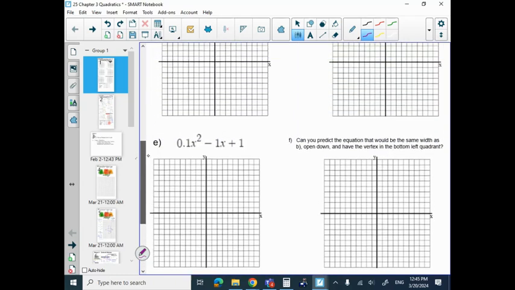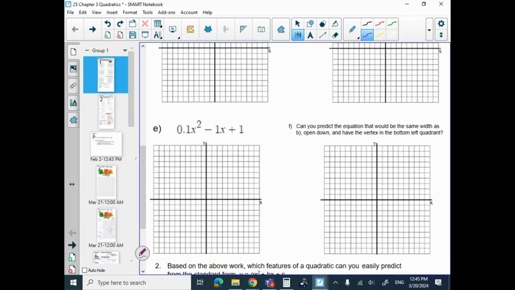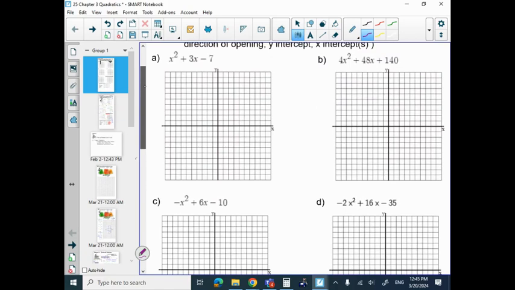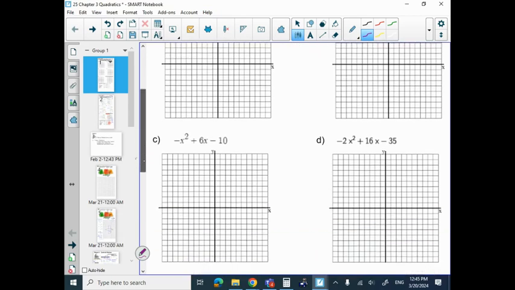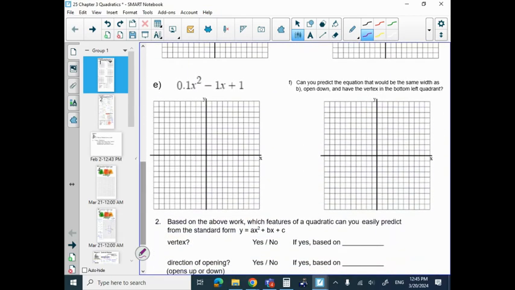Like in this example here, can you predict some things about the equation so that it'll be the same shape as this one? So same shape as in B, right? The same shape as in B, so same width, same shape, but open down instead and have a vertex in the bottom left quadrant somewhere, right?